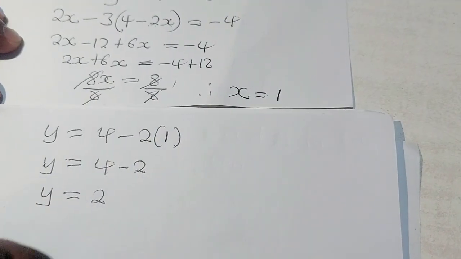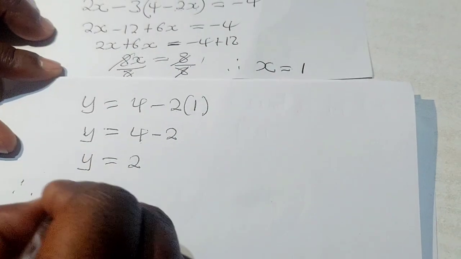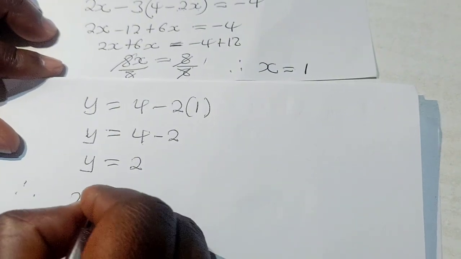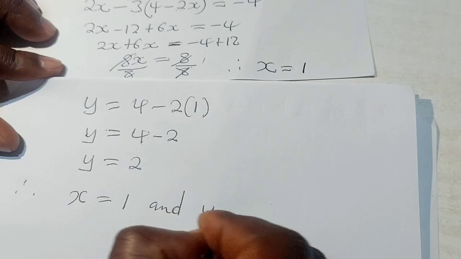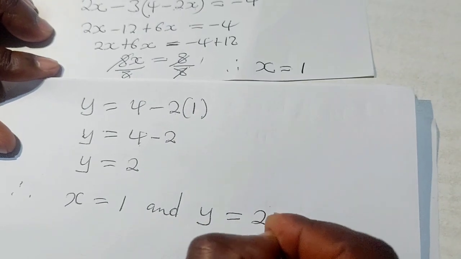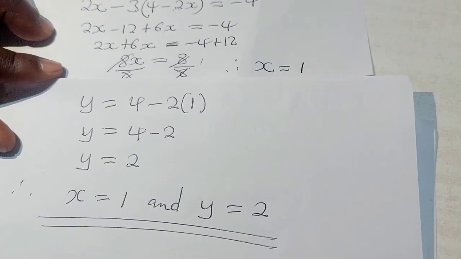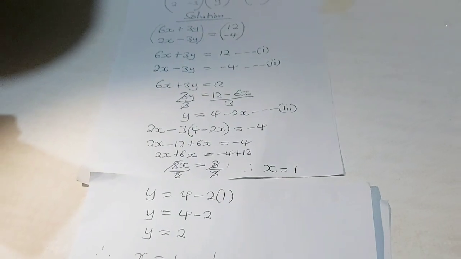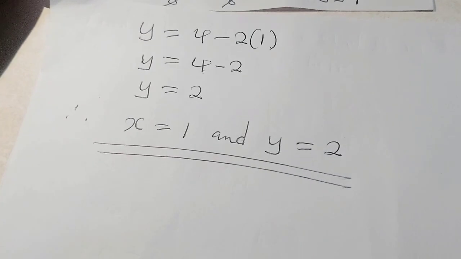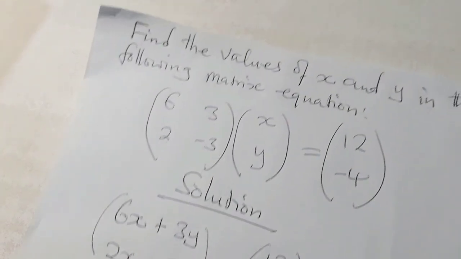Therefore, the value of x is equal to 1 and y is equal to 2. Reaching this far, we have solved the matrix equation. Let me just show you where we have come from.